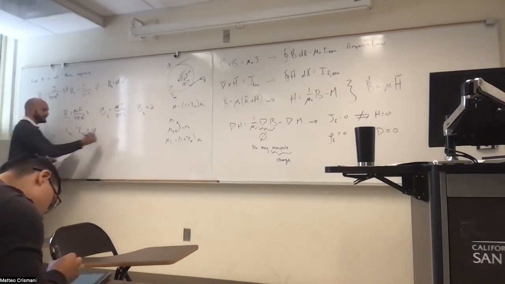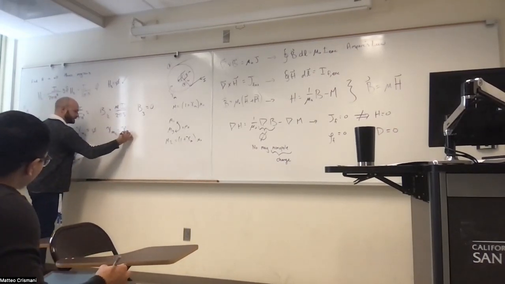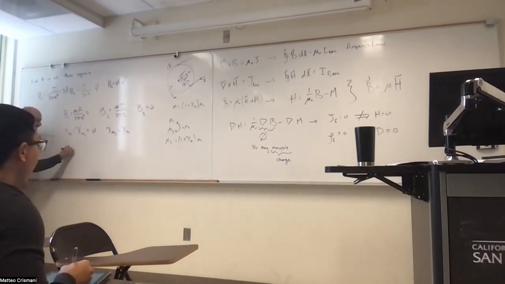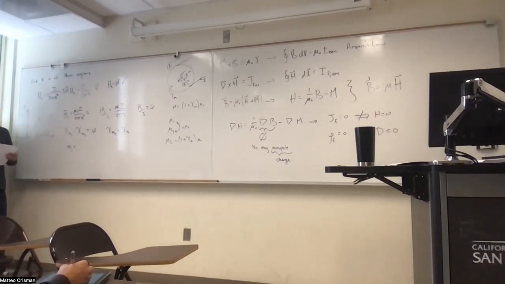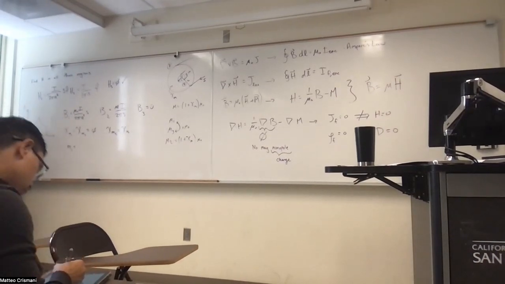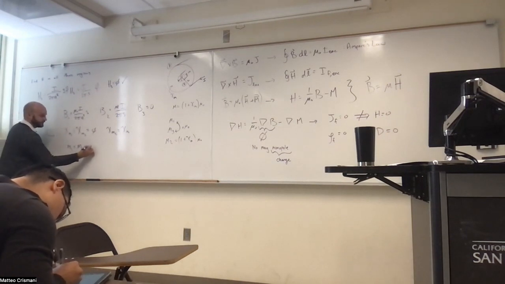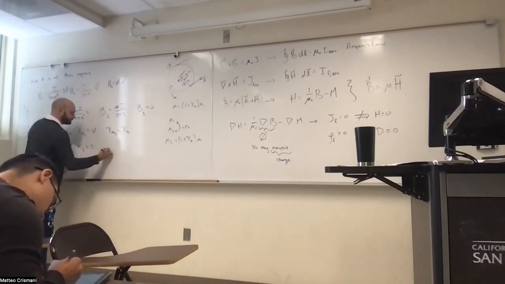Good. And we said this one here is this one. We can kind of clean up some of that. That means that the magnetic moment in 1 is 0. And it's also 0 in 3, right? Okay. Now this is the tricky one.